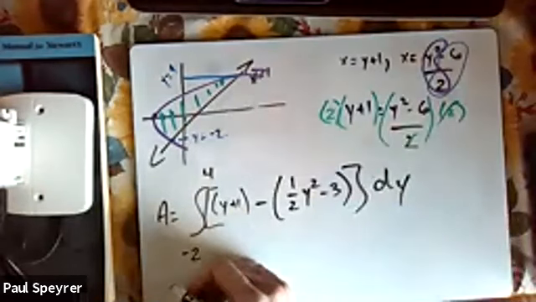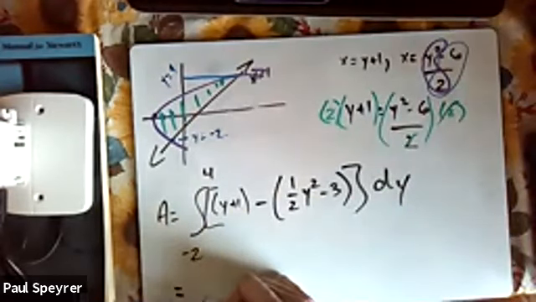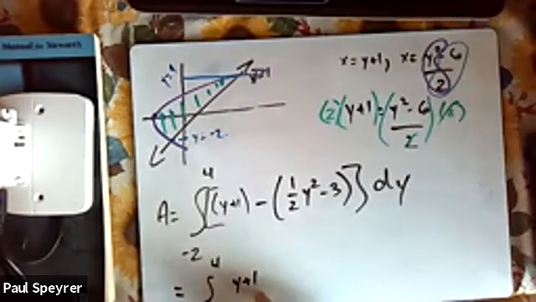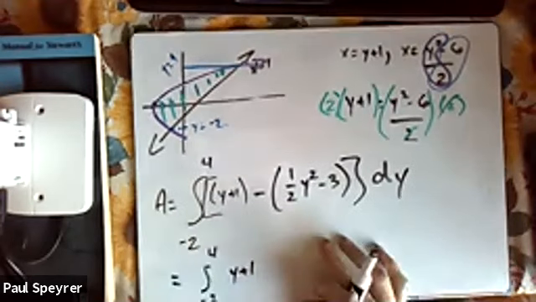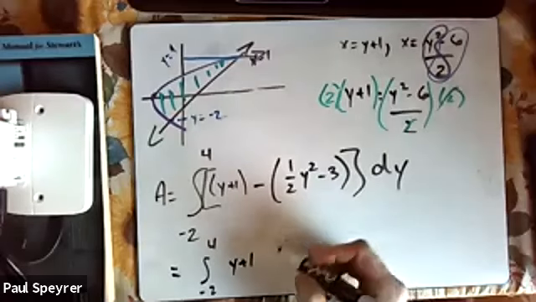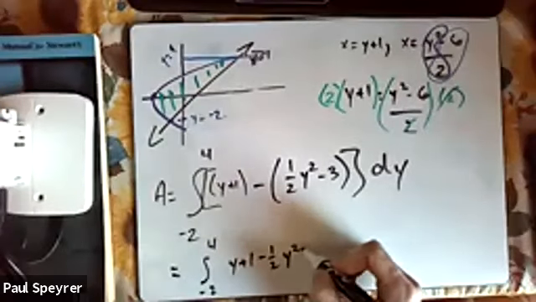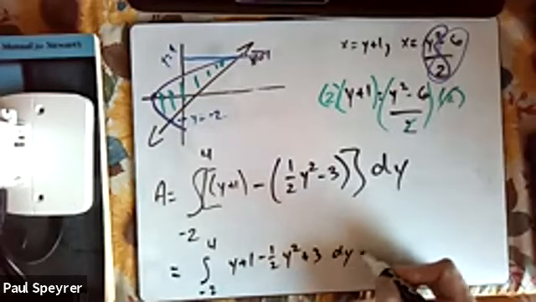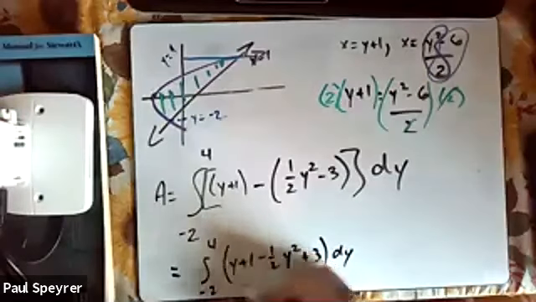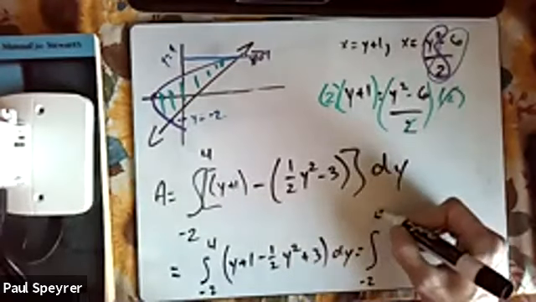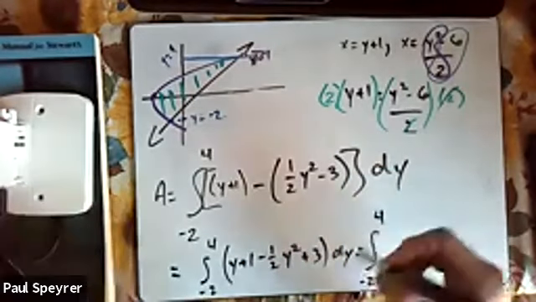So we're still not going to integrate yet. I'm going to drop the parentheses. This is y plus 1, and then minus 1/2 y squared plus 3 dy. And what is this equal to? Well, this is negative 2 to 4. And I'm going to put it in descending order, right?